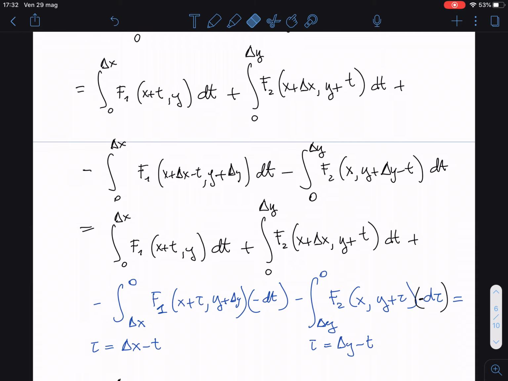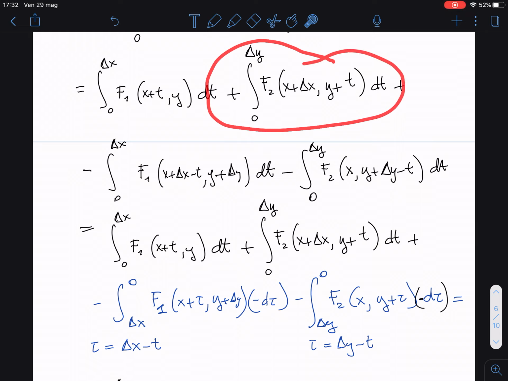Sorry, here there is a mistake. This is d tau. Okay? And the same we do for the last term. We start from here and we define a new variable tau equal to delta y minus t. So we end up with, sorry, here there is a mistake.